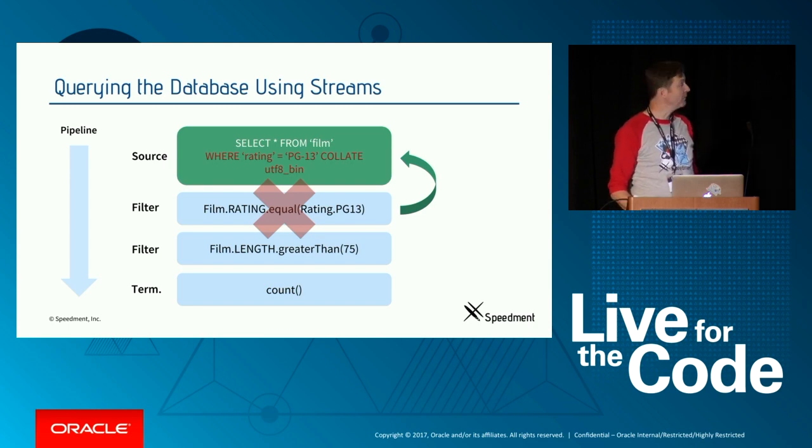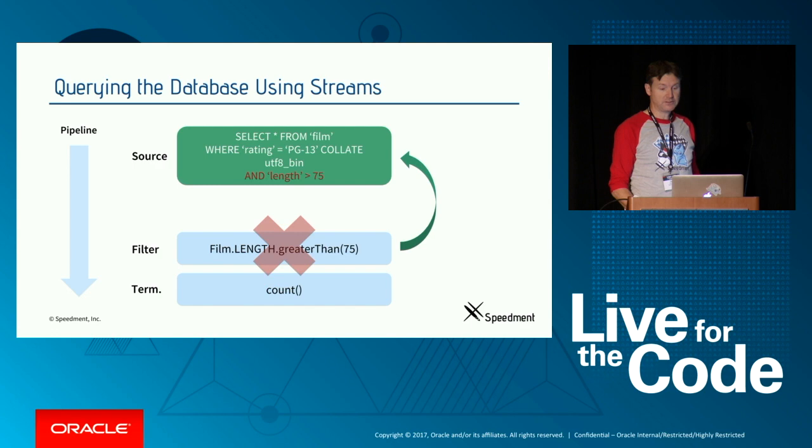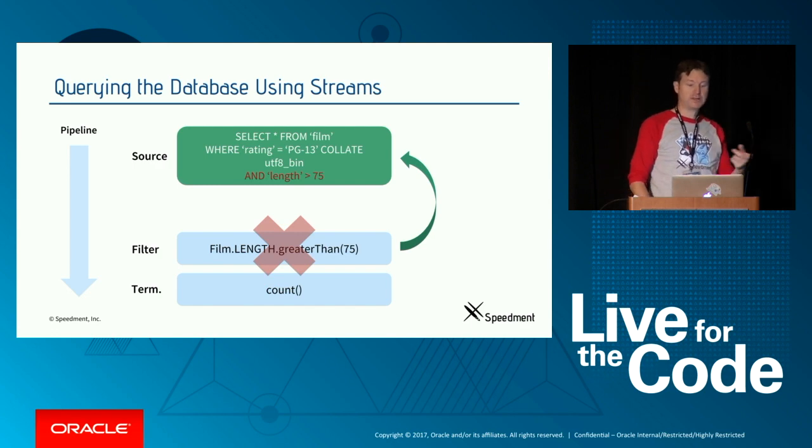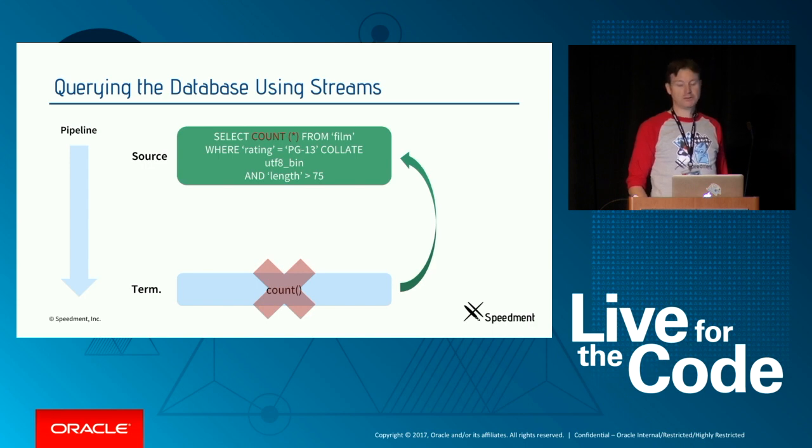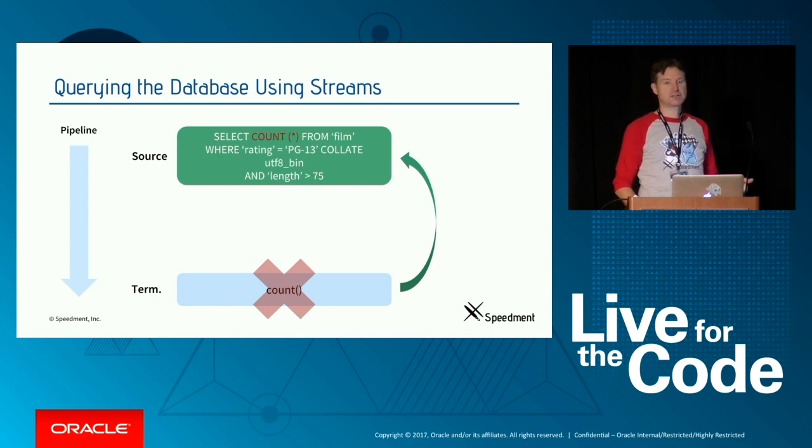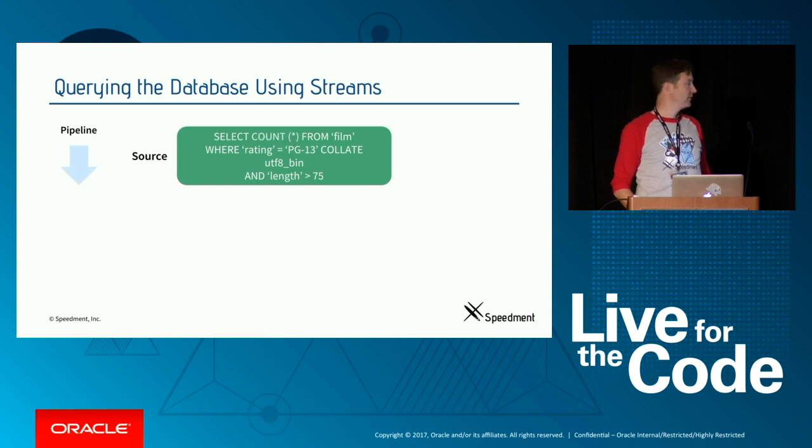So that is actually what is happening. And it continues and sees, wow, if I replace the source, I can also replace this other filter. And then it checks the terminating operator and sees, I can update my source and make it even simpler. So now we have collapsed the entire pipeline to a single operation.